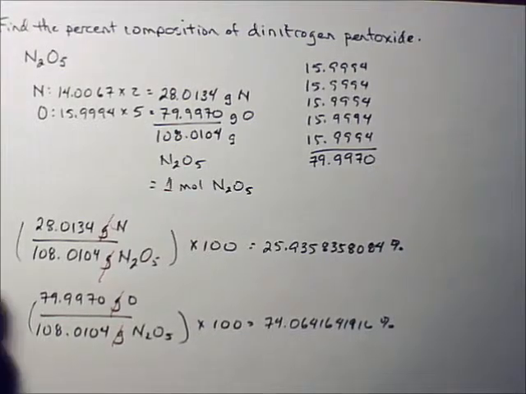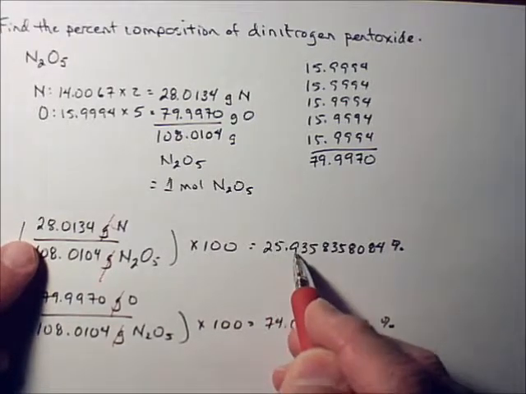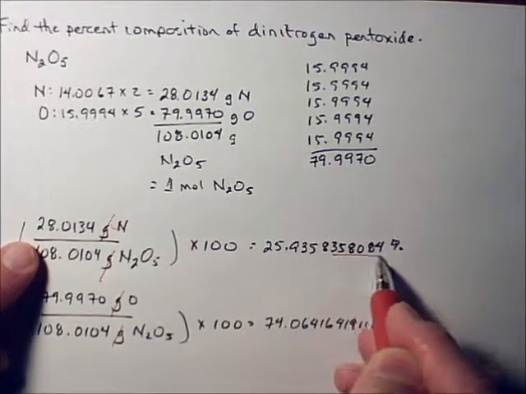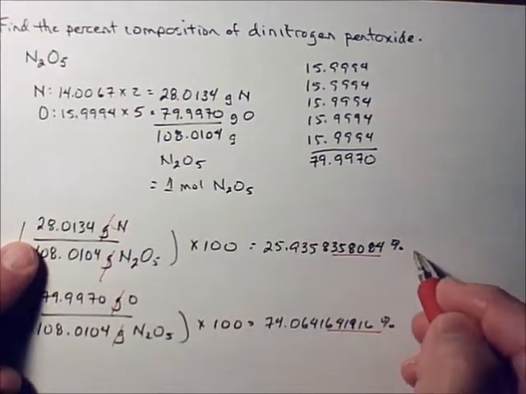All right, we want to round both of these off. How many digits do I want in the final answer? 6. 1, 2, 3, 4, 5, 6.